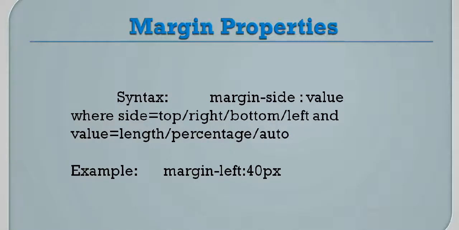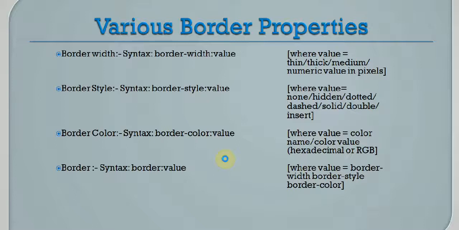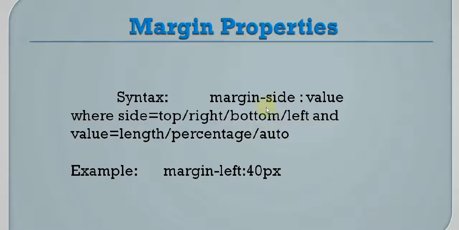Next, margin property. With the help of the margin property, we can set the margin between the two lines of text. As you can see here, some examples are written, like margin-left. In place of the side you have to write left; this is the syntax for setting the margin in CSS.